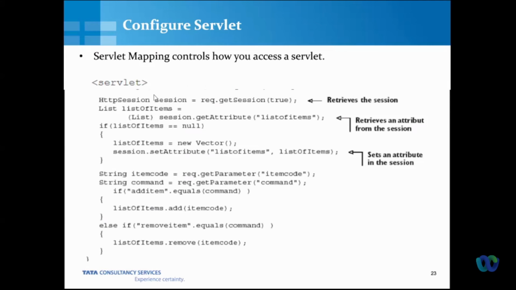So this is the first servlet. Okay, this is the first entry. Servlet mapping controls how you access a servlet. So what it is doing, it is the root servlet element in the web.xml file, and it is defining the name of the servlet and specifying the compiled class that executes the servlet.